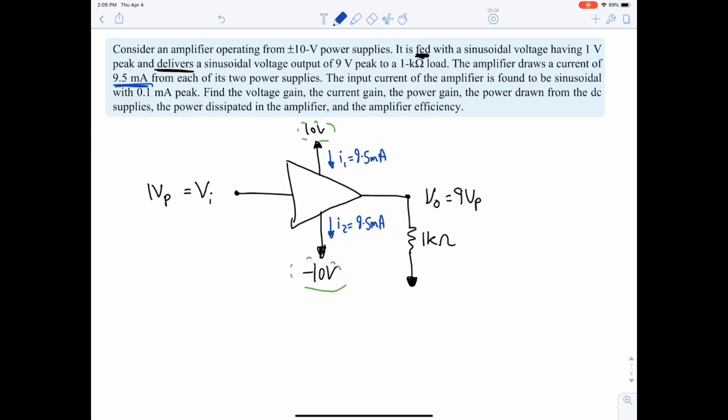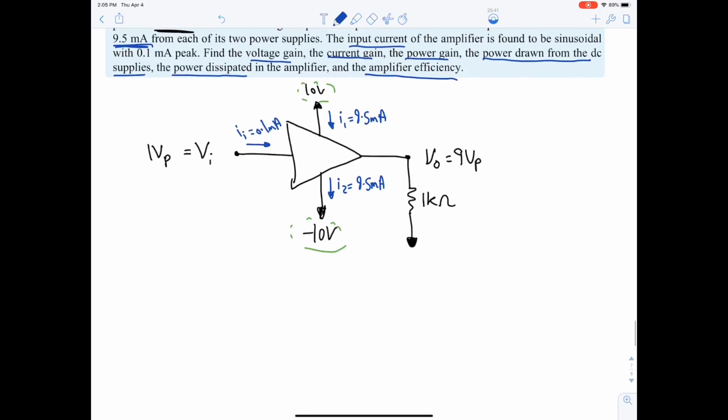The input current of the amplifier is found to be sinusoidal with 0.1 milliampere peak. So input current is 0.1 milliampere peak. Find the voltage gain, the current gain, power drawn from the DC supplies, power dissipated, and the power efficiency. I will explain what sinusoidal means. A sinusoidal voltage is a sine wave. We will sketch it in a moment.